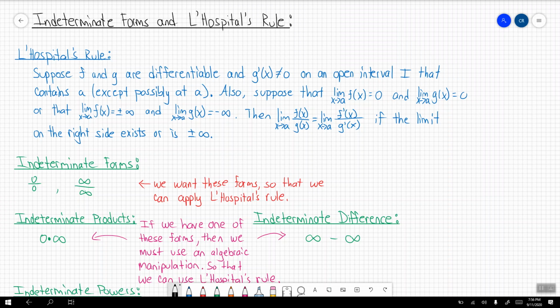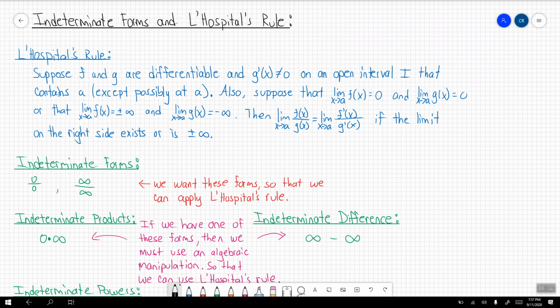This says that suppose f and g are differentiable and g prime is not equal to 0 on an open interval I that contains A, except possibly at A. Furthermore, we want to suppose that the limit of f of x as x approaches A is equal to 0 and the limit as x approaches A of g of x is equal to 0. Or we could also say that the limit as x approaches A of f of x and of g of x could be either positive or negative infinity.